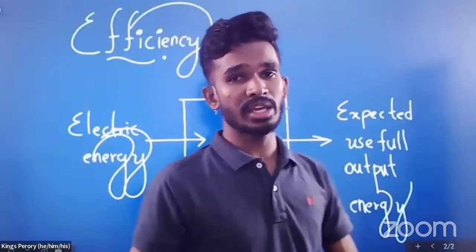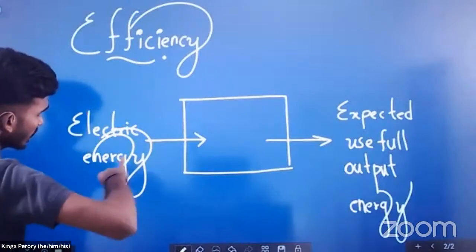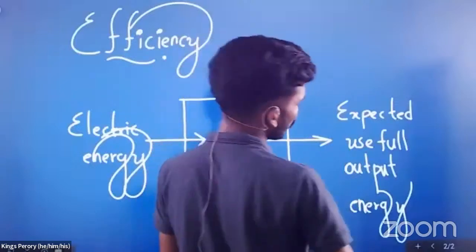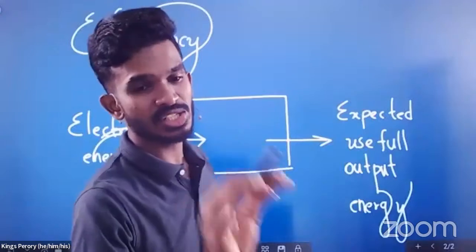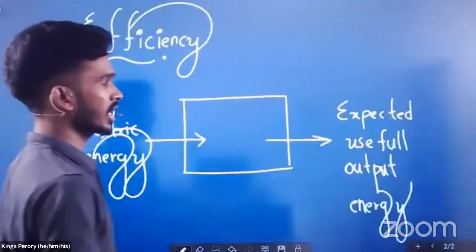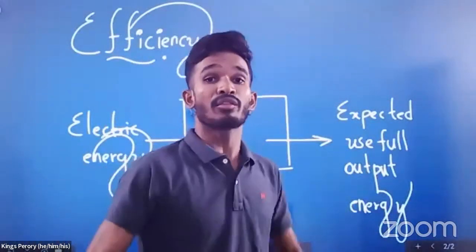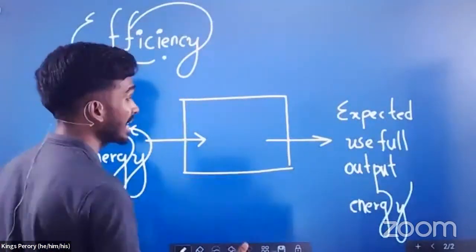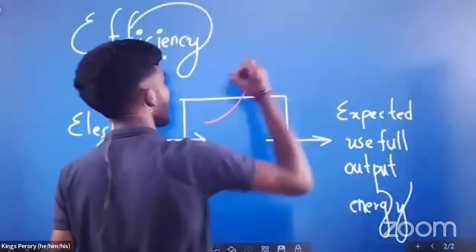Now the question is, will all the input electric energy get converted into the expected useful output energy? The answer is no. From any electric appliance, there will be a loss of energy.